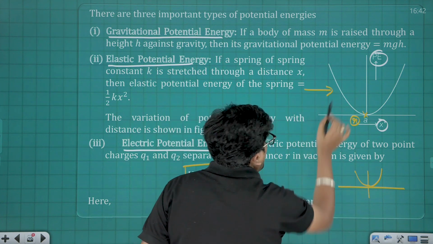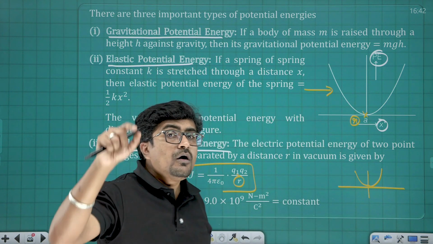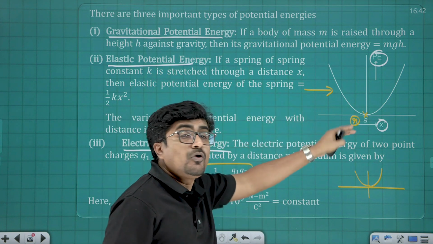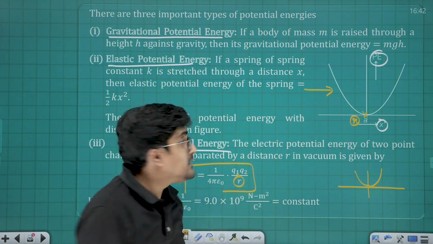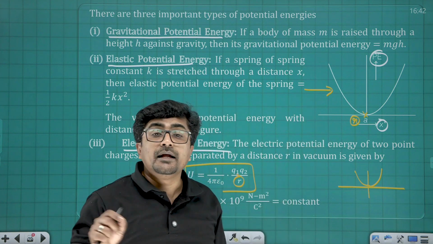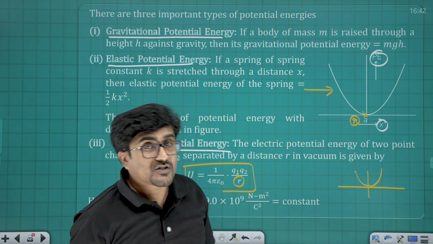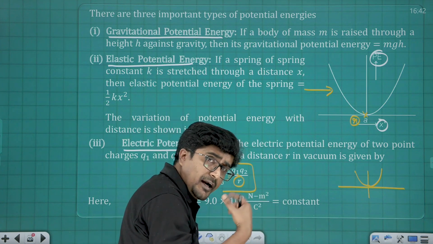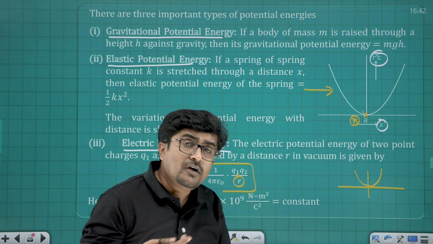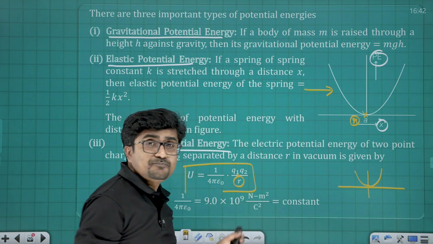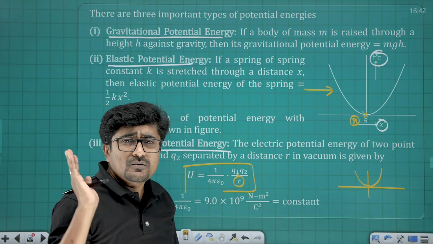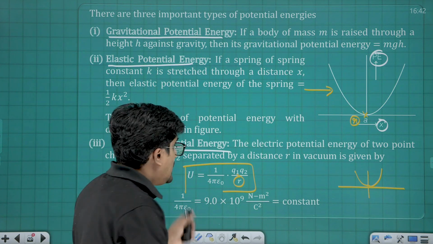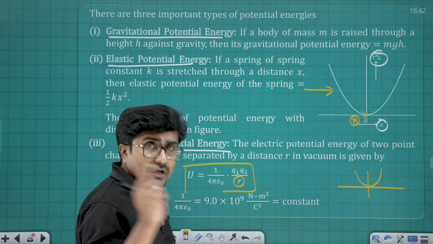This graph is only for elastic potential energy, and the best example I can connect to it is the potential energy stored in a spring. We will have a detailed discussion of how the relations are connected in the very first chapter of +2, electric charge and electric potential. You can refer to the detailed part over there.